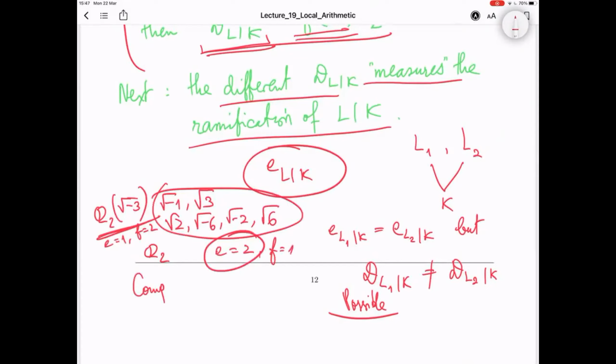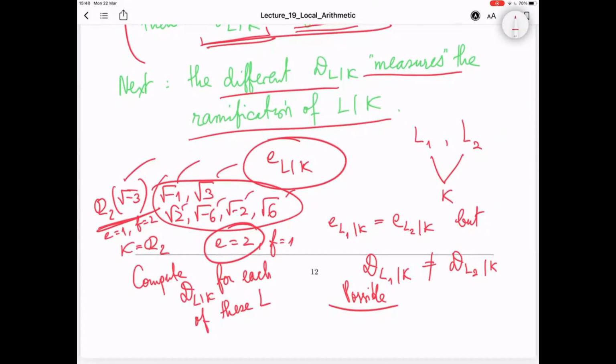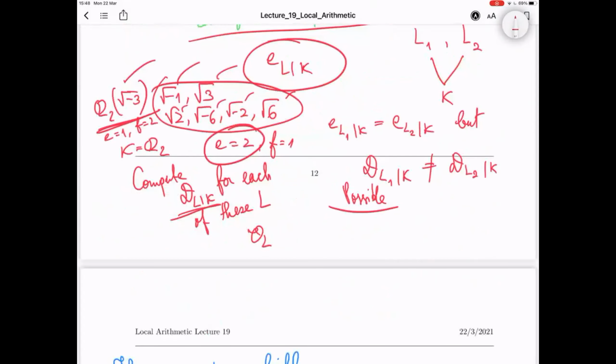So, for example, you'll need to compute OL, then write OL as OK[alpha], then find the minimal polynomial of alpha, then compute f prime of alpha and let it generate an ideal. That's it. And what is it? Is it P_L to the 1, 2, 3, whatever? That is the important thing, that exponent.